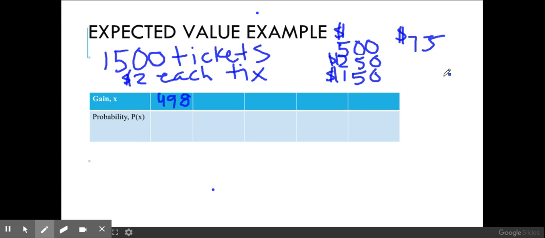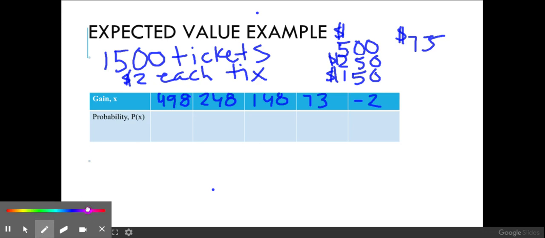If we win $250, technically we are winning $248. If we win $150, we're winning $148. And if we win 75, we're winning 73. And then our last possible option is that we don't win at all, and that would mean that we win negative $2.